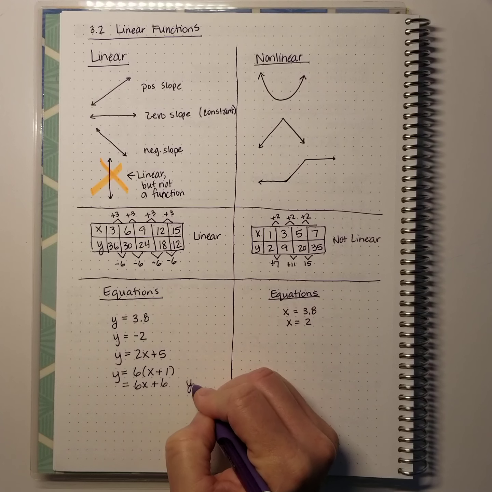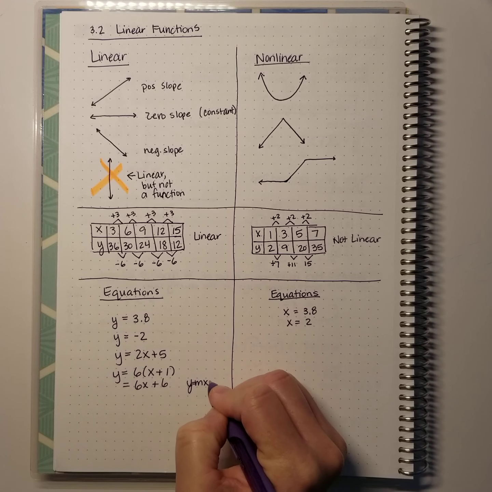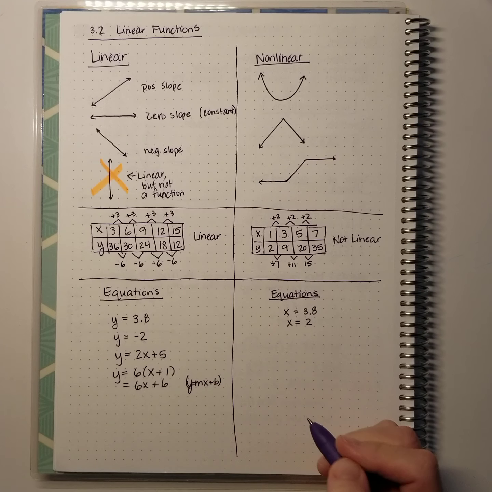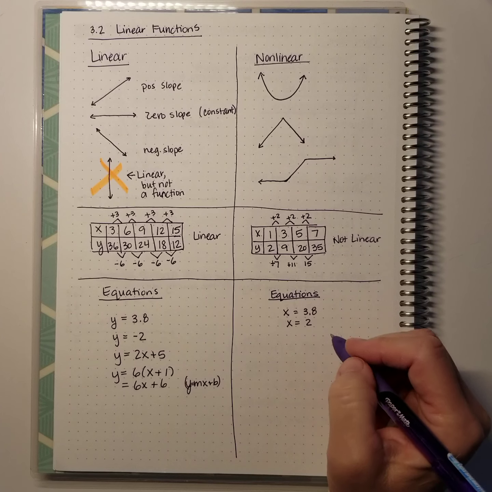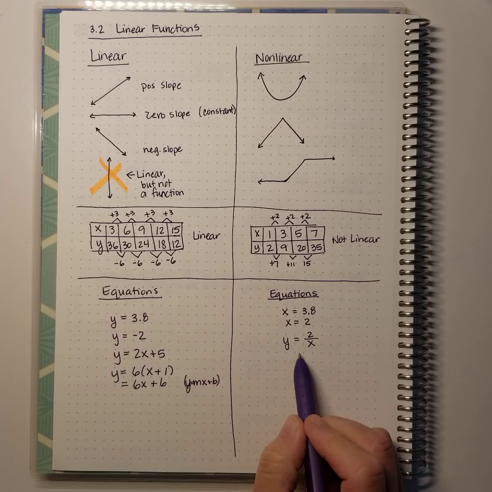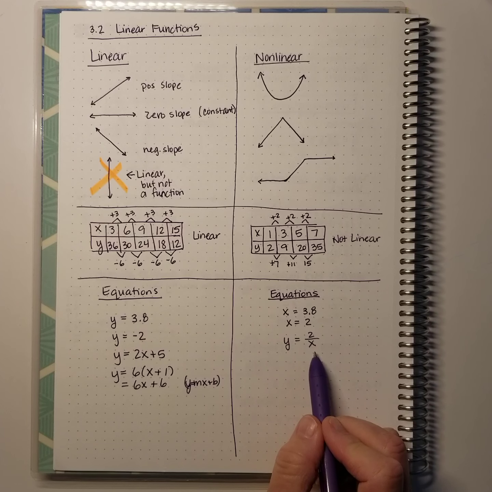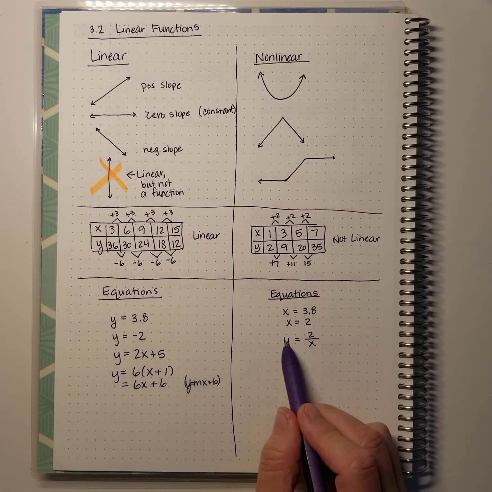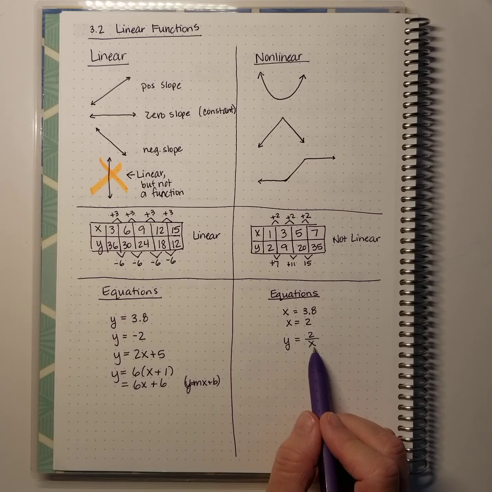Now it looks like y equals mx plus b. With a little bit of work, you can see it. But here's one that's not, something like y equals 2 over x. We can't change that to y equals mx plus b. This has a reciprocal relationship. It's a little bit different.